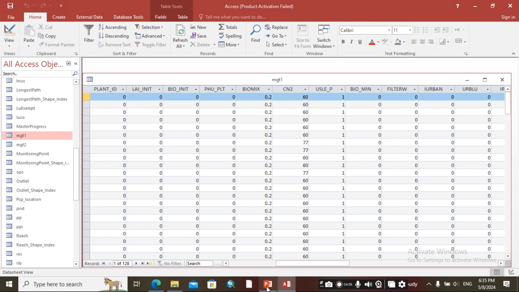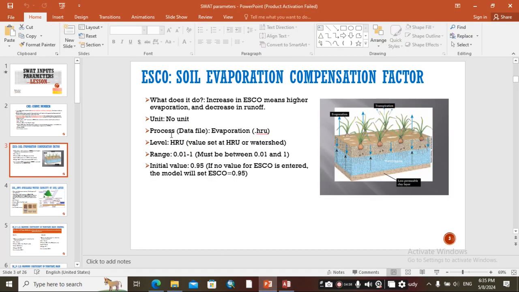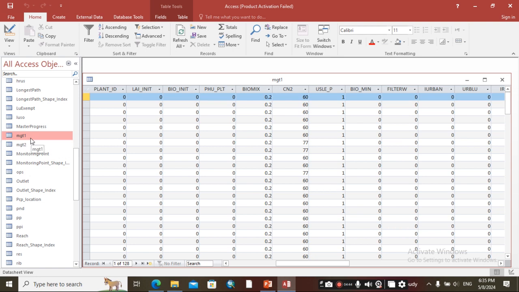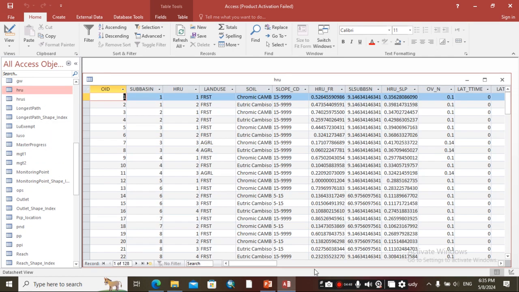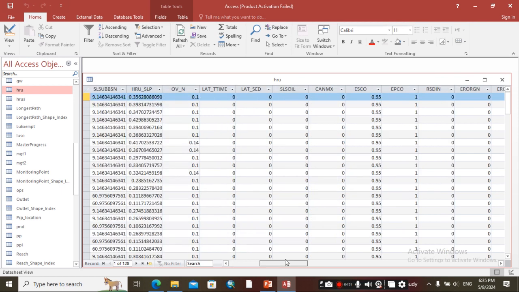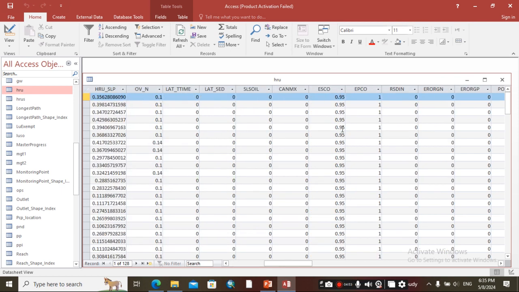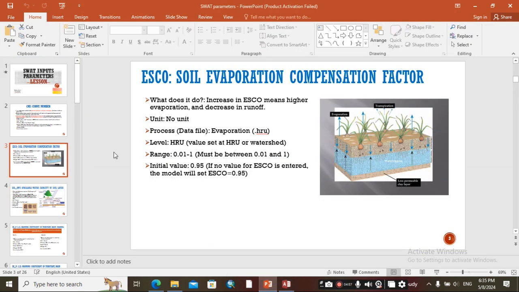And for ESCO, it processes the data in the evaporation HRU file. Go to the HRU file and see where ESCO is. Here it is, and its initial value is 0.95.